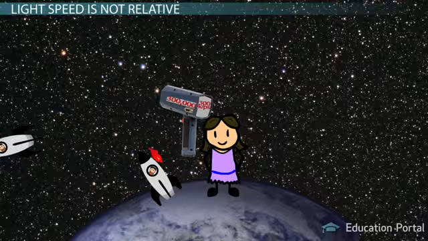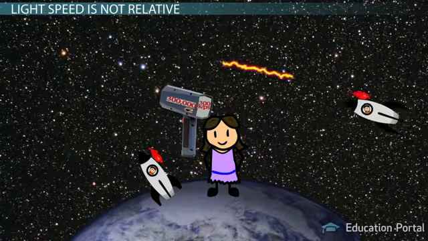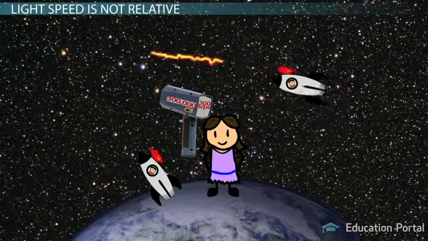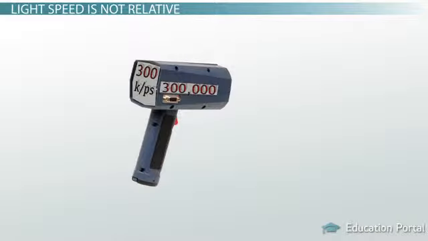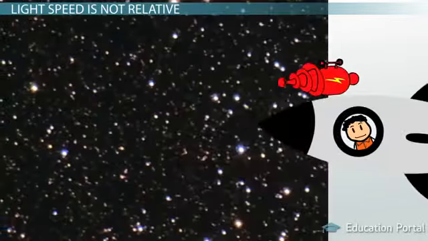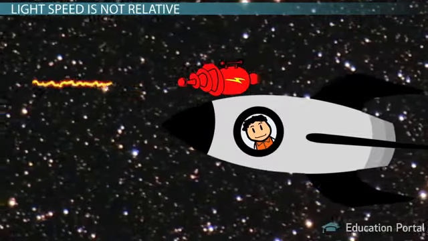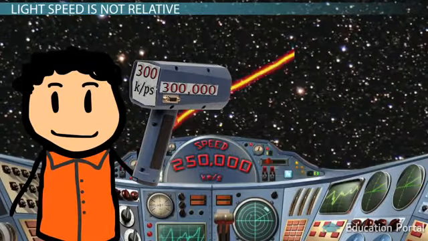However, your trusty radar gun would clock its speed at 300,000 kilometers per second, just like it came from the stationary ship. While that might not make sense, it is correct, so don't throw away your radar gun. For that matter, the pilots of each ship would clock the speed of each light laser at the speed of light as well.